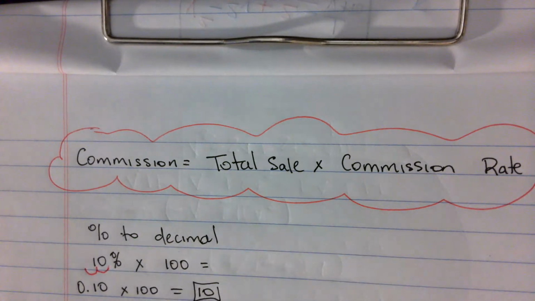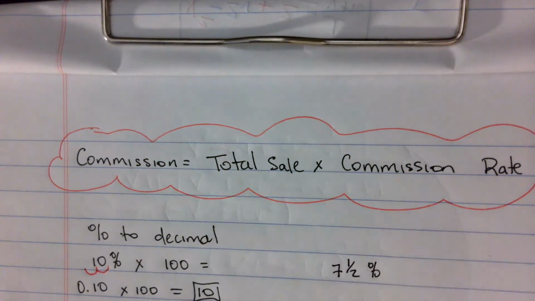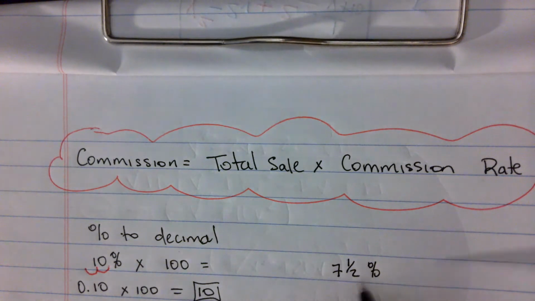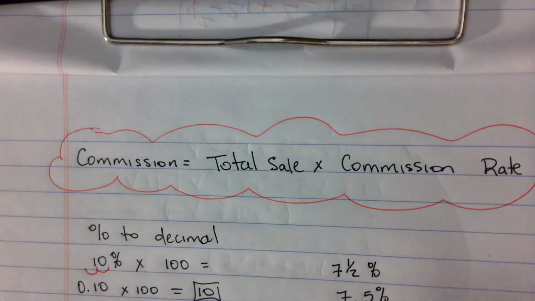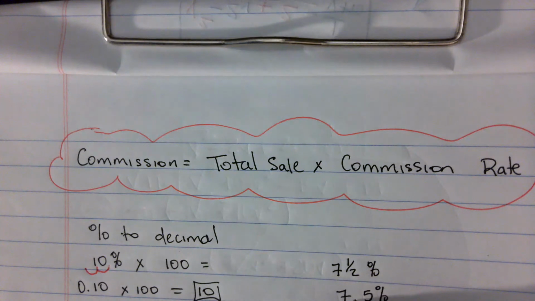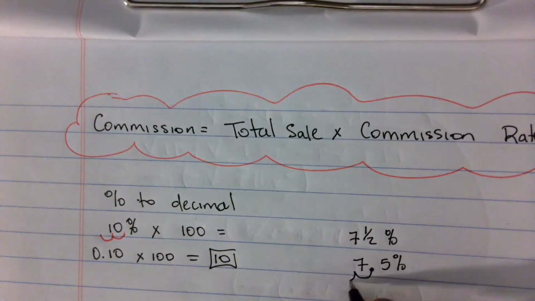All right, so let's say we had 7.5%. I'm going to take this decimal here, and I am going to move it two places, 1, 2.